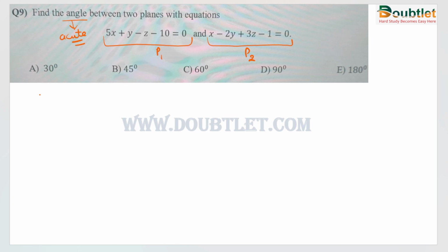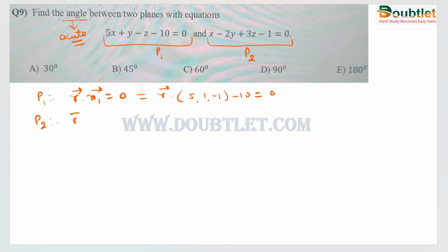So first of all, rewrite the equation of the plane in vector form. So we can write this as r vector dot n1 vector minus 10 is equal to 0, that is r dot (5, 1, minus 1) minus 10 is equal to 0. So this is P1.